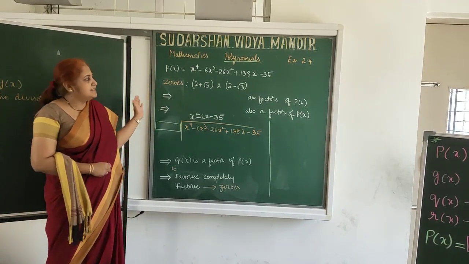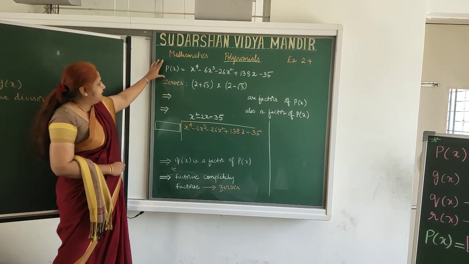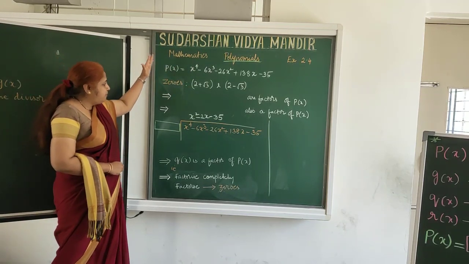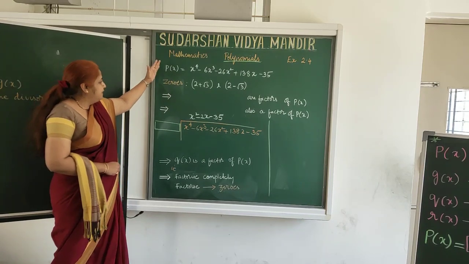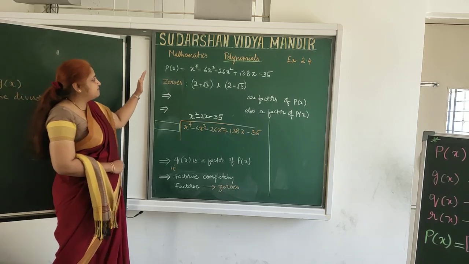That is why it is called a zero of the polynomial. Now I have taken up a question from exercise 2.4, similar to the one we had solved.